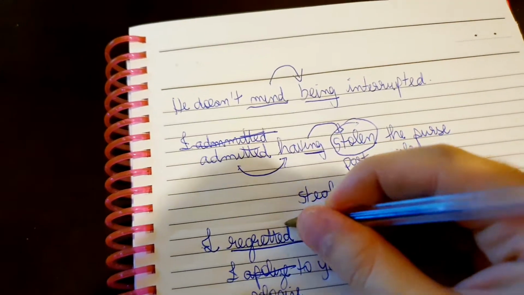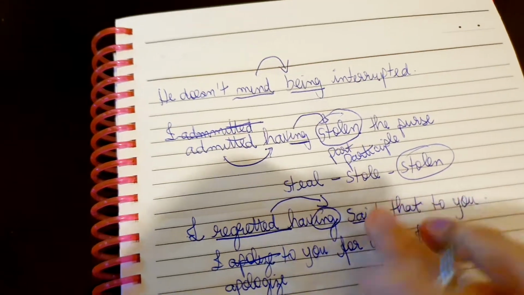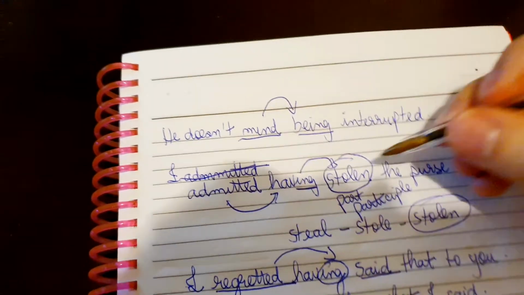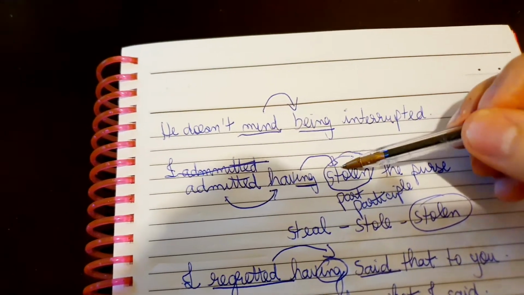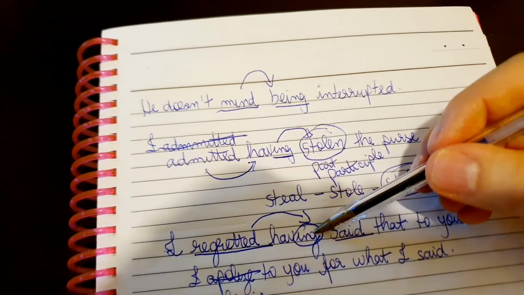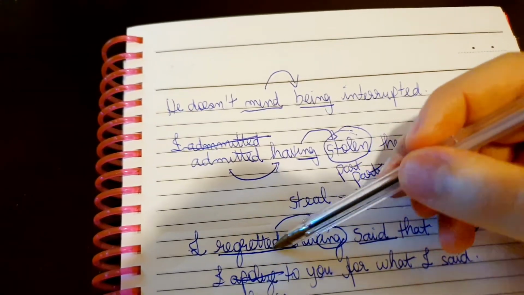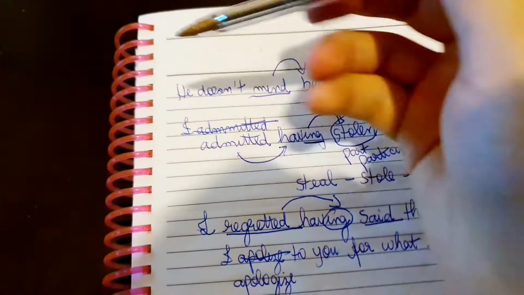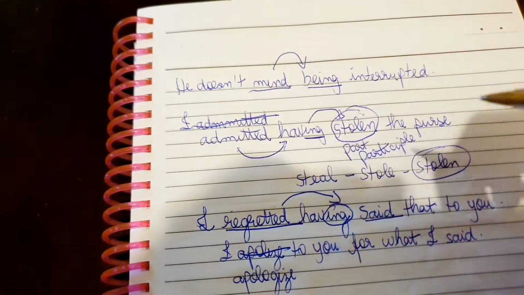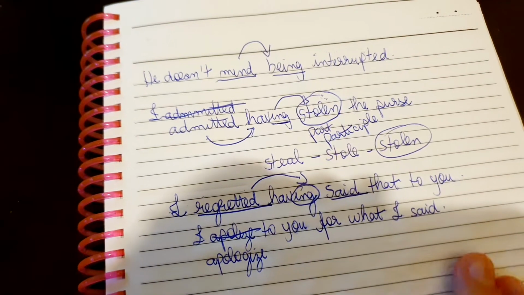So I can use this structure with ing and a verb in the past participle like I used here. So it's possible. But to use a verb with ing, you must be aware that the verb must be in the rule that I mentioned. After one verb, you have another with ing.